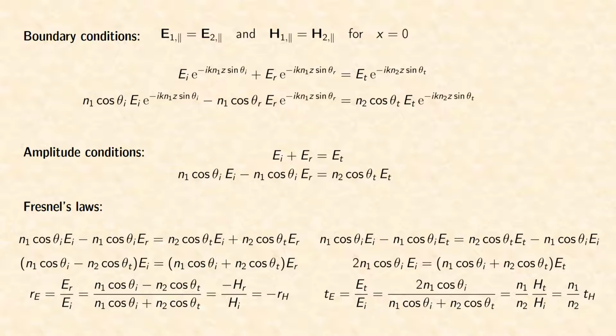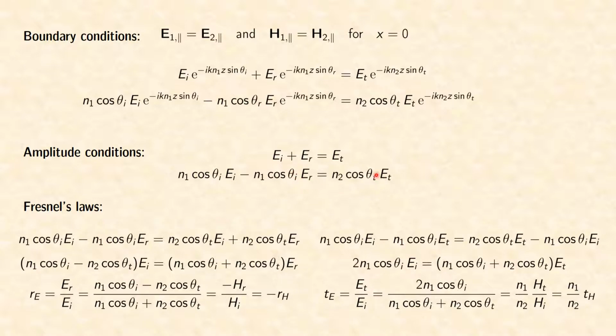However, we still don't know the amplitudes of these two waves, and that is what the amplitude condition delivers. Now we know already that all these phase factors are the same, and therefore we can skip them from these equations. Then we end with these two equations here, but we already applied the law of reflection and substituted theta r by theta i.